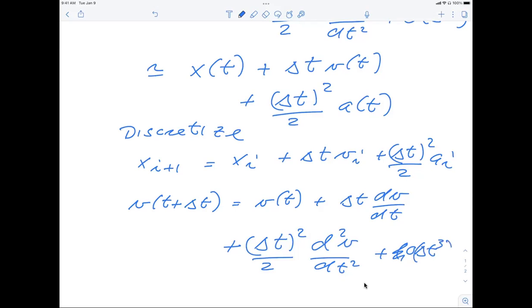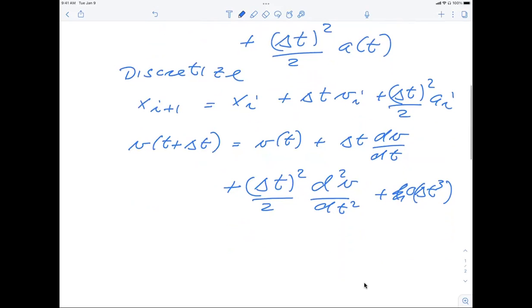Plus O of delta t cubed. And we are going to approximate that one to the second power in terms of delta t. So we have delta t here. And now dv dt, that's something which we also know, right? And that is the acceleration.